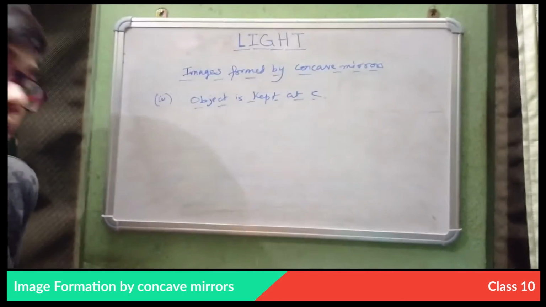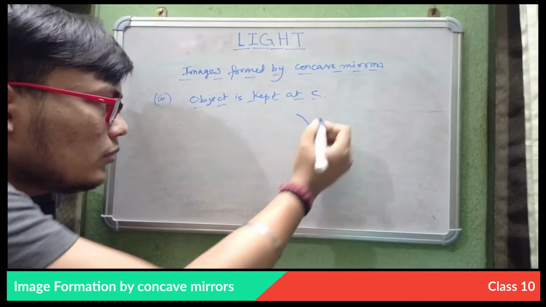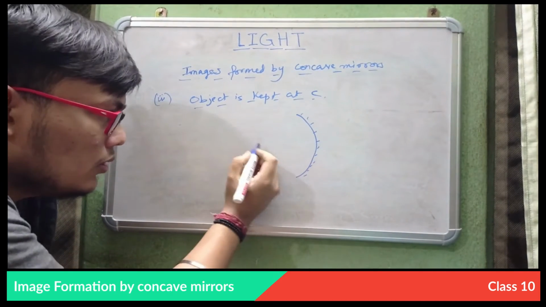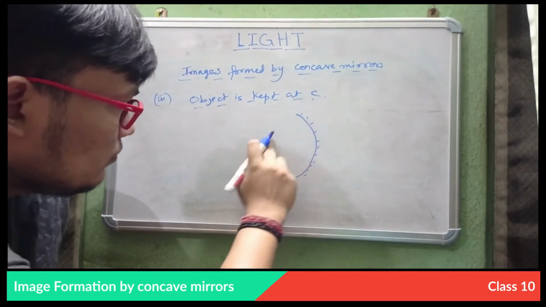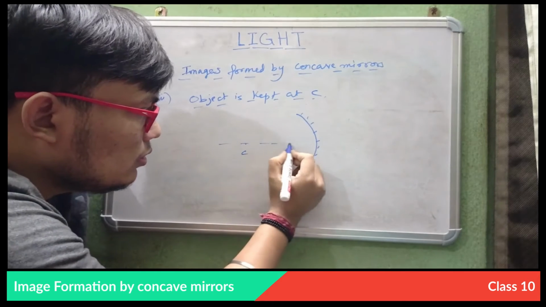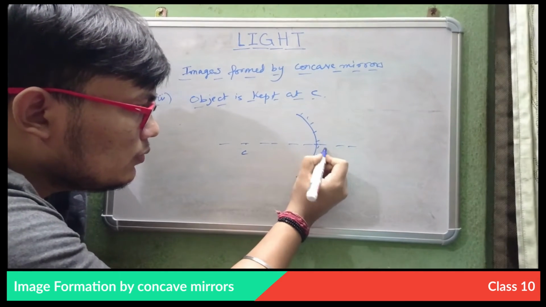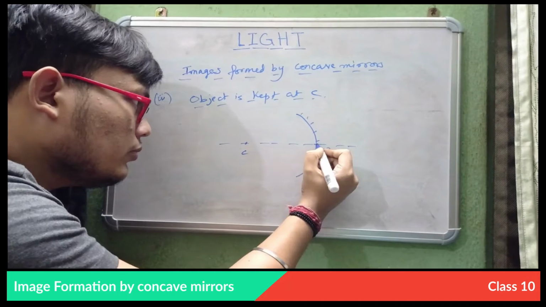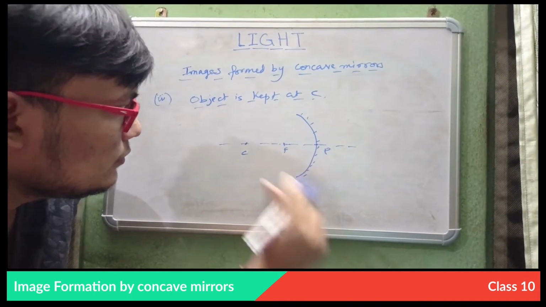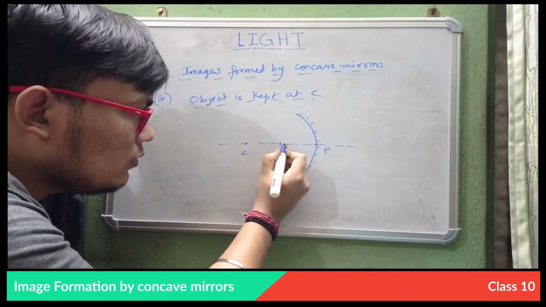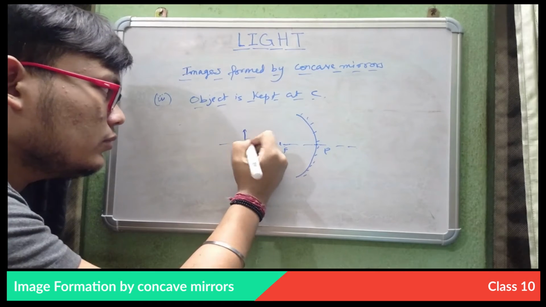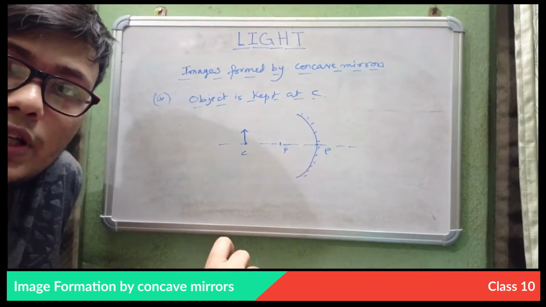Okay, so I'll draw the mirror again. This is the center of curvature. This is pole. This one is focus. Okay, so the object is placed here.